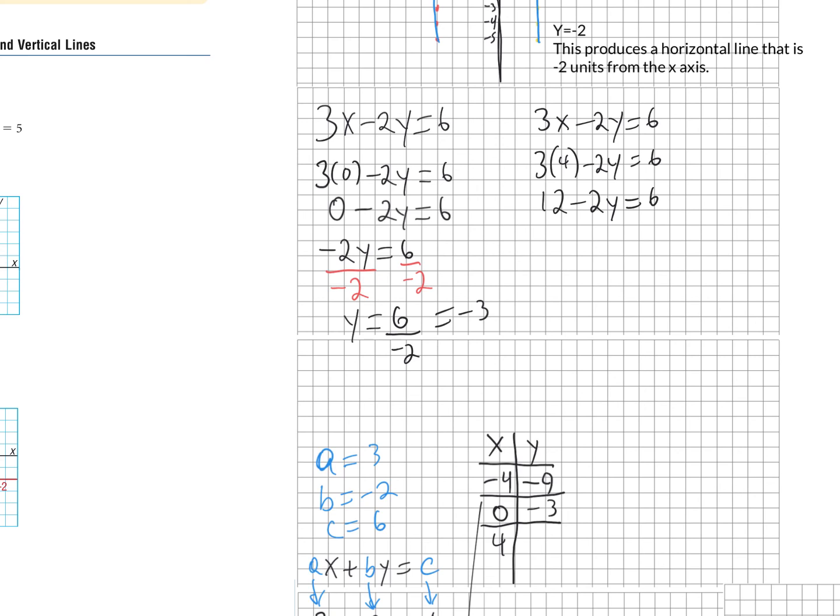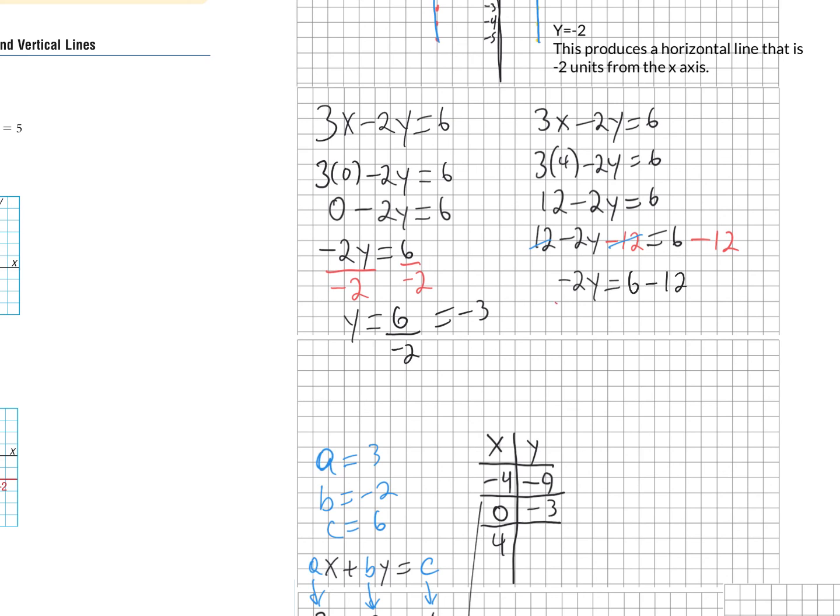So now I'm going to want to subtract 12 from this side of my equation, which is kind of the opposite of what I did before. But I can't subtract it from one side without subtracting it from both sides. This 12 and that 12 will cancel. And now I'm left with negative 2y equals 6 take away 12.